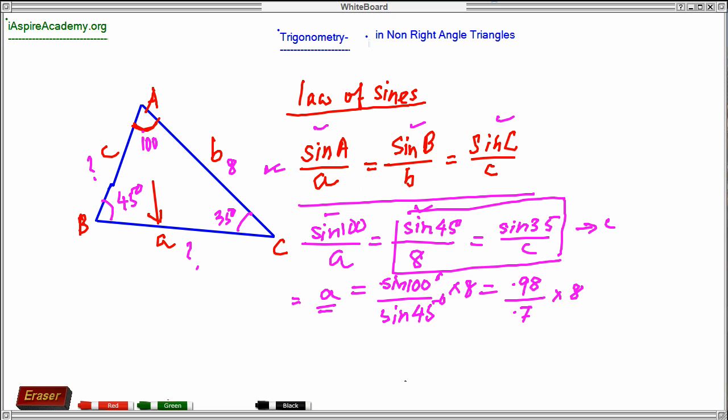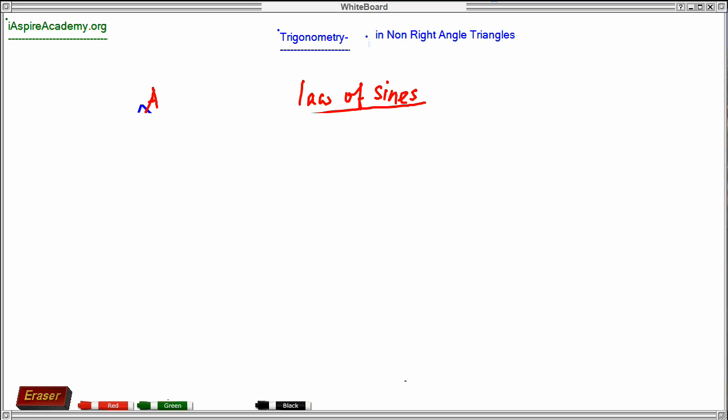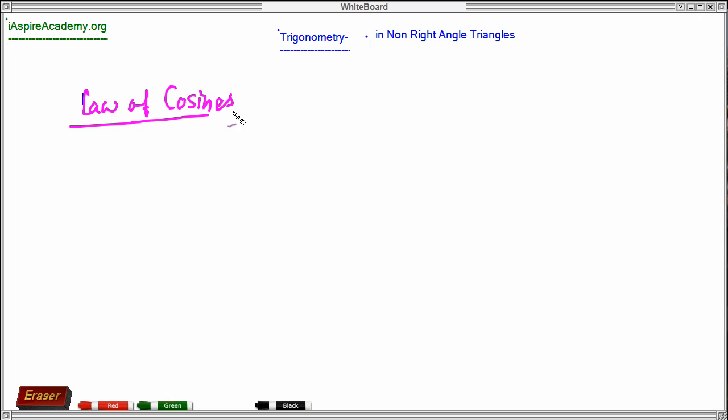So let me first clear the board here. So we're talking about the law of cosines. Let's first draw the triangle.